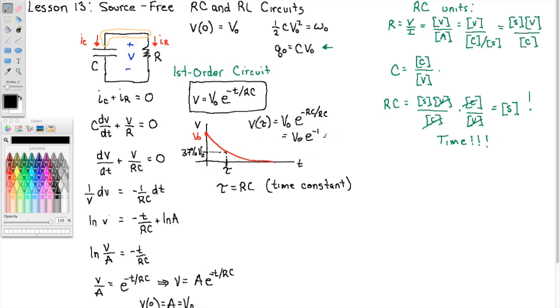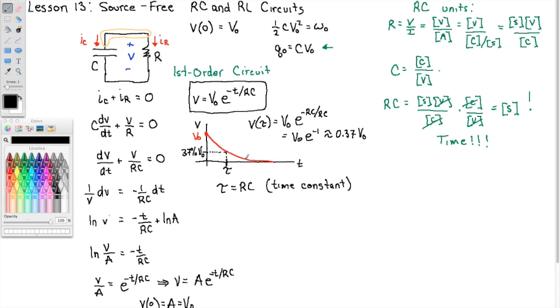E to the negative 1 is an irrational number, but it's approximately 0.37. Or 37% of V0. So the takeaway here is that after one time constant, you have 37% of the voltage that you started with.